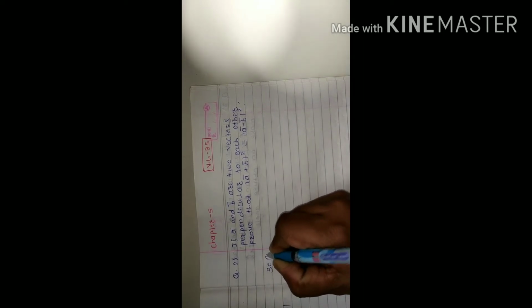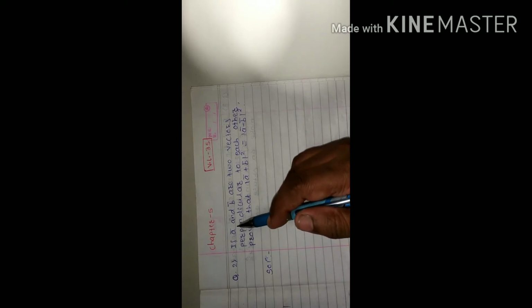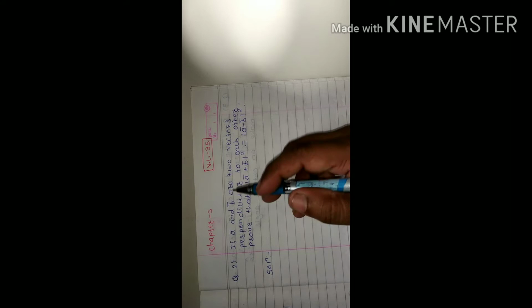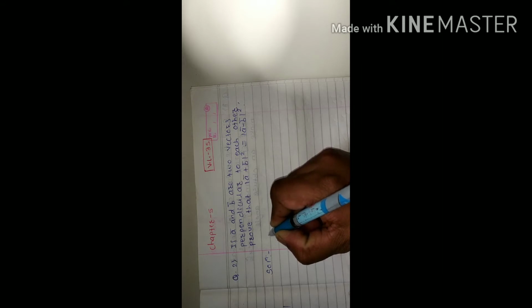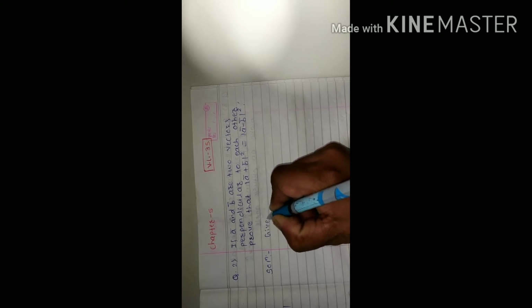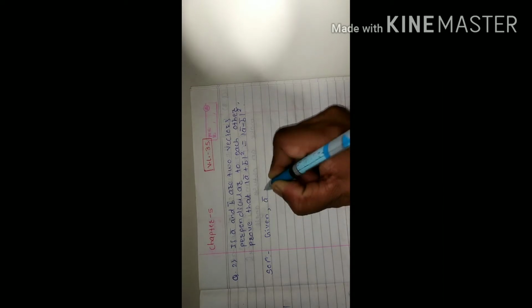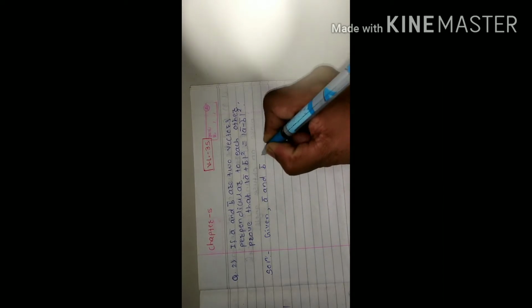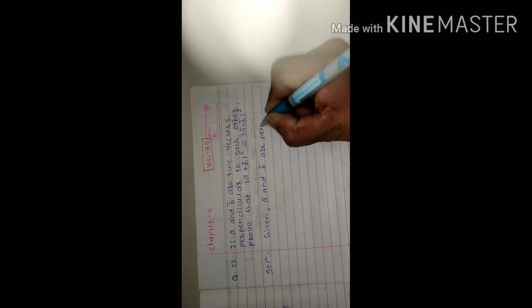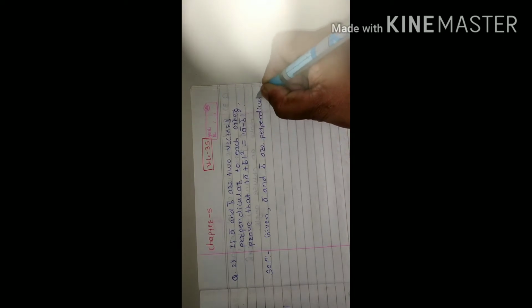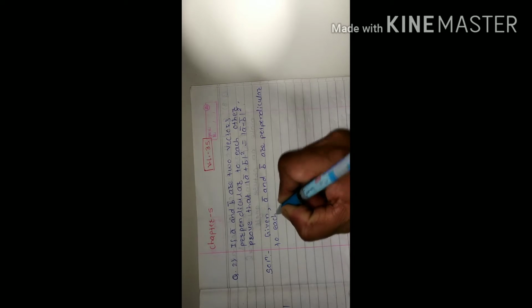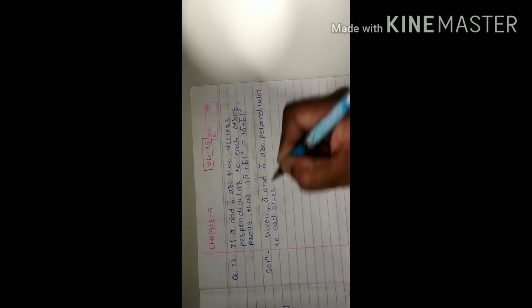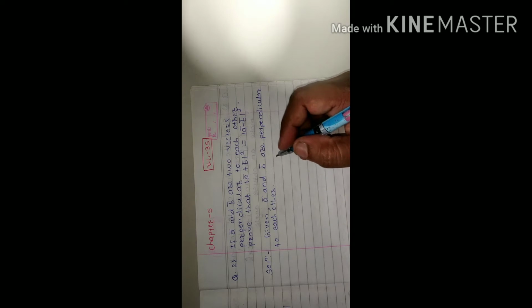In answer, two vectors are given here, a bar and b bar, and these two vectors are perpendicular to each other, that is given.